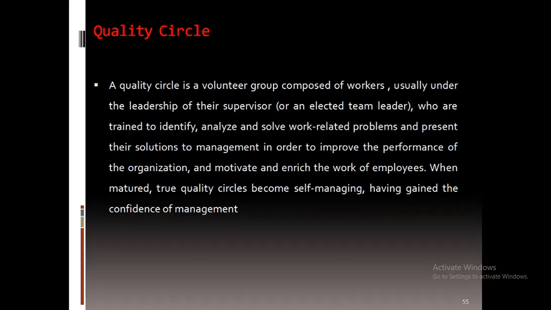Quality circles are not limited to manufacturing firms. They can be applied to other departments also, where there is scope for group based activities.